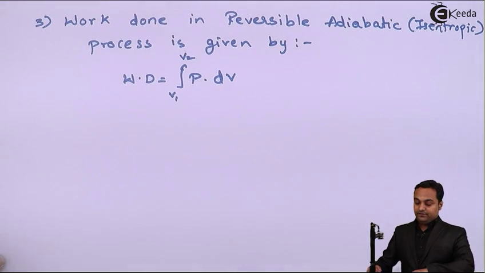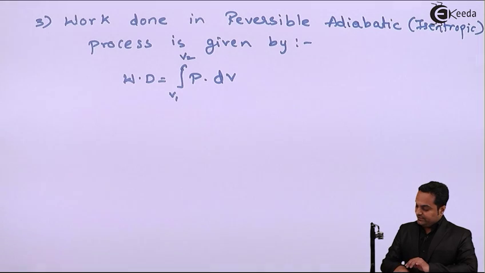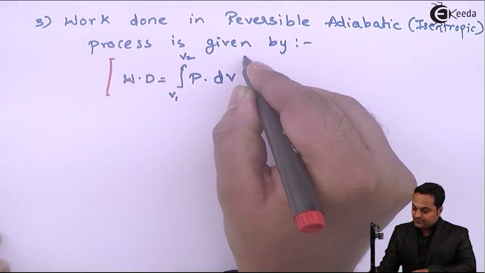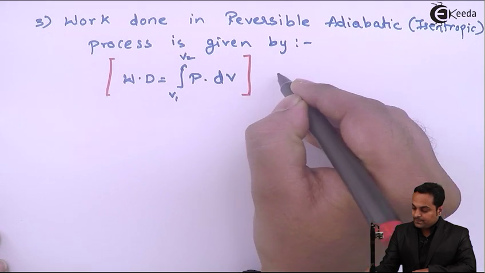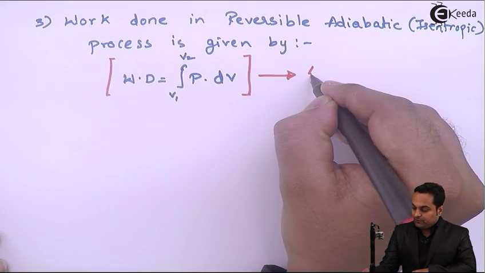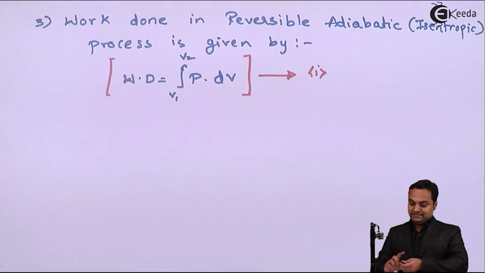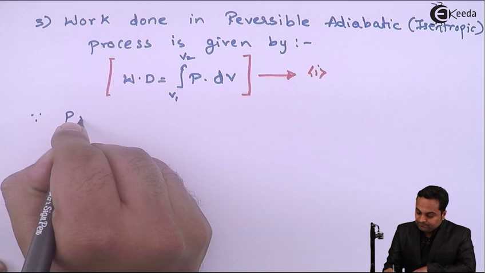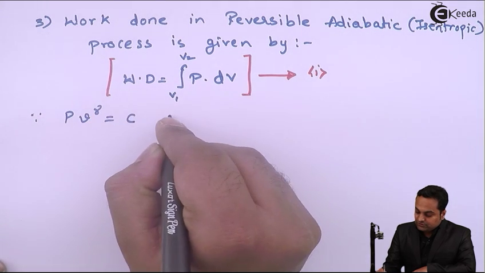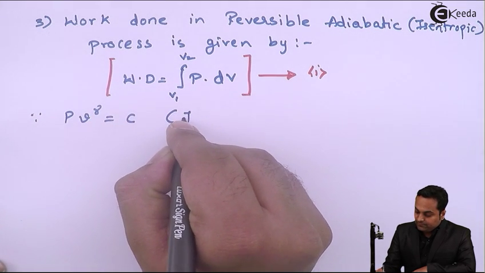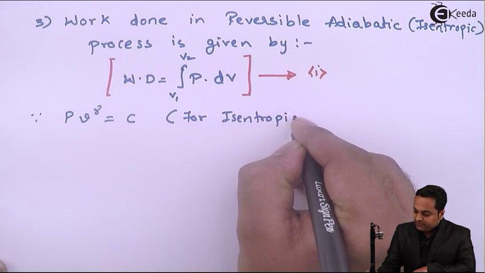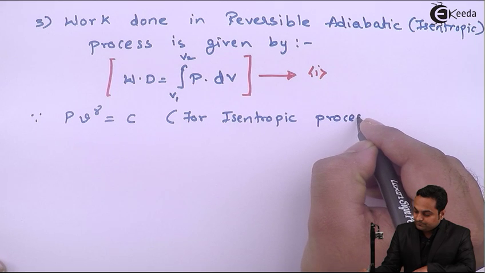Now first I will be keeping this work done equation as equation number small 1. Now I will say that since PV raised to gamma is equal to constant, that is for isentropic process, that is reversible adiabatic process, this is the governing law.